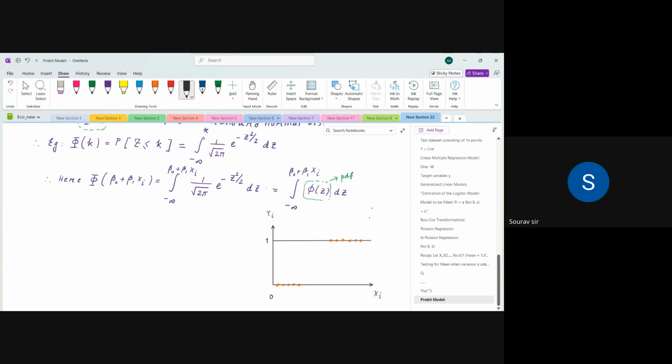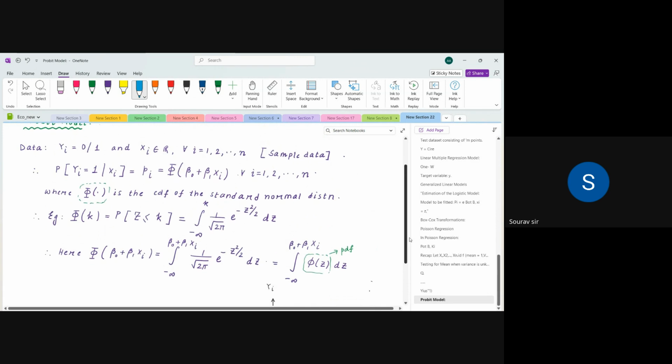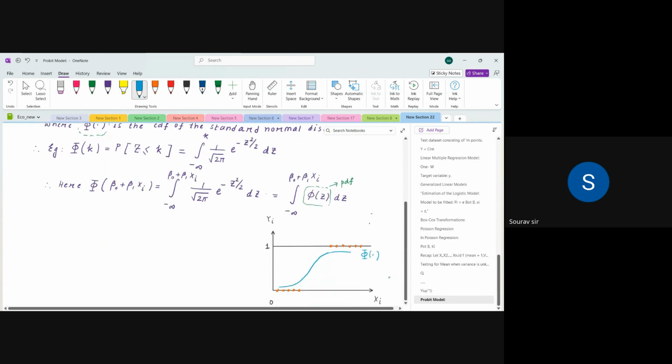Correct? So the CDF, because it's a CDF, it will also have this kind of a shape. So that is why we use this for probability modeling. That's the idea. So this is my Probit model. If I tell you to write down the Probit model, it is basically this.